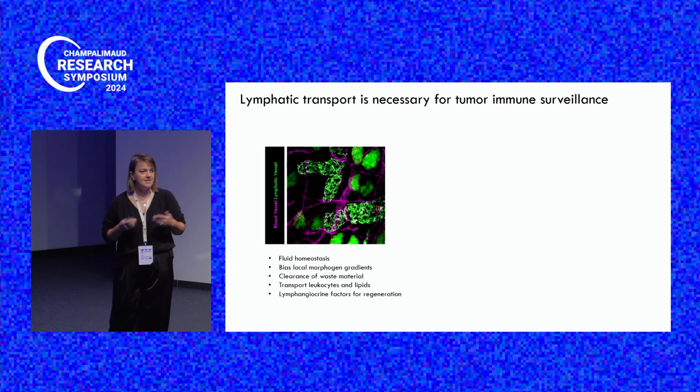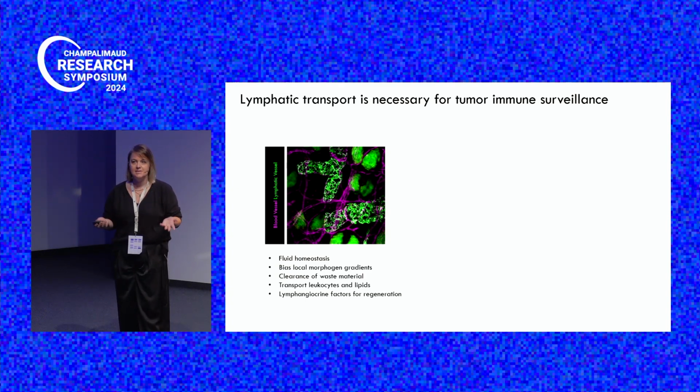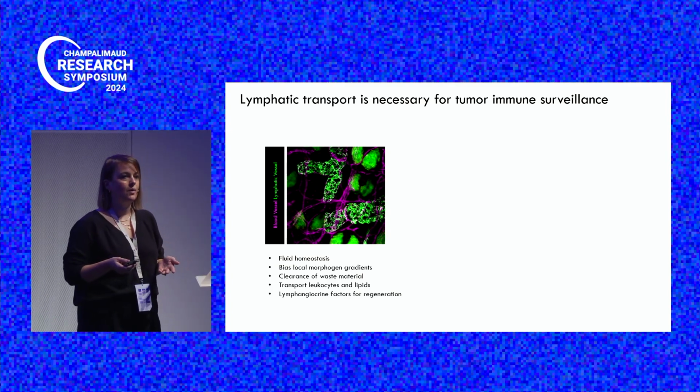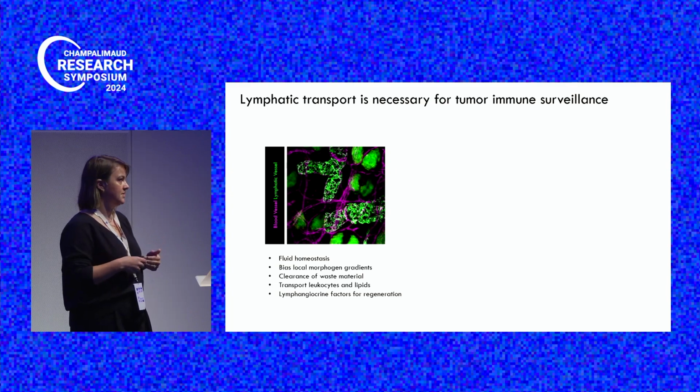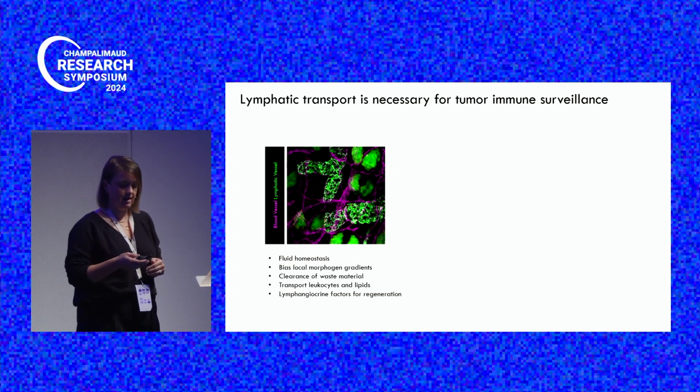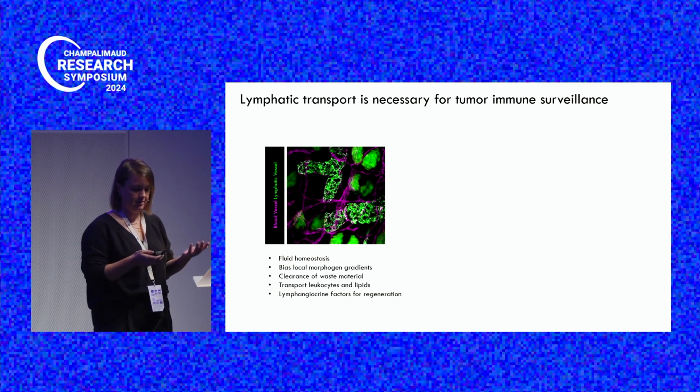And very nice recent work has also shown that they can produce factors that support cells within really novel niches. And so I think we're gaining a really broad appreciation for how dynamic and interesting this system can be, and the important role that it's playing both at tissue homeostasis and in the response to inflammation.